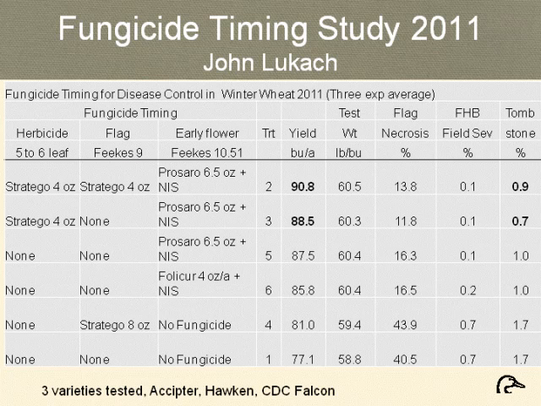This is some information summarized by John Lukach from last year, and he tested this fungicide trial on 3 varieties. He had Accipiter, Hawken, and Falcon, and this was over 2 locations. I just wanted to point out, if you look at the bold values, he was looking at fungicide timing at early, flagleaf, and then flowering.